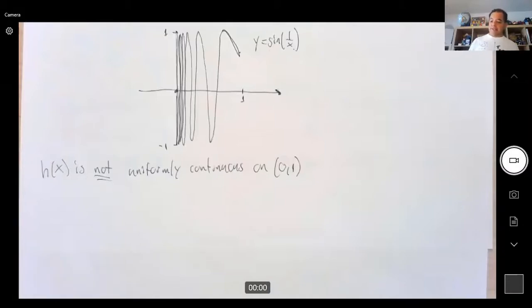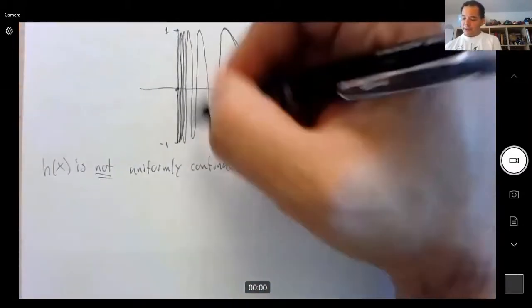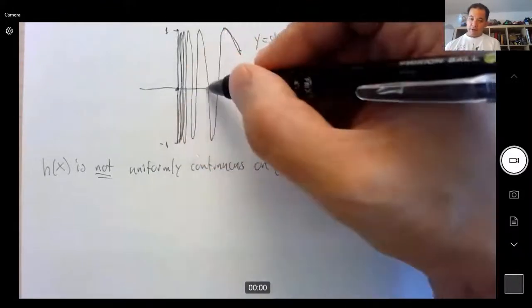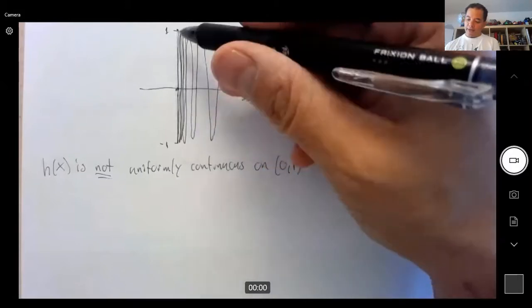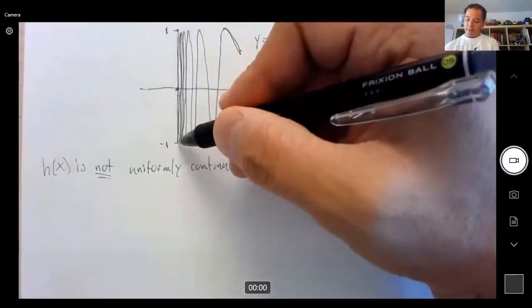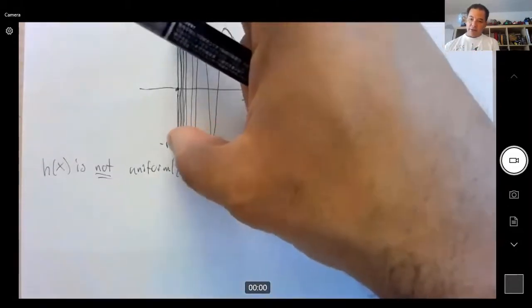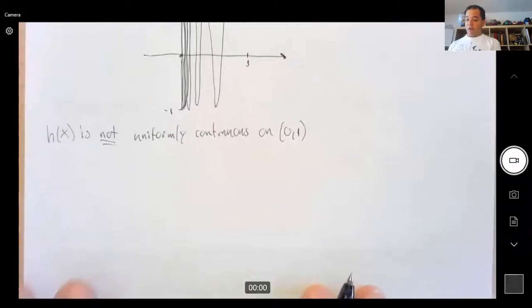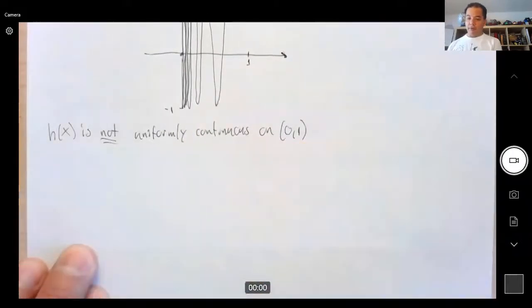And here it's easy to do that because I can pick points getting close to 0 whose value is always 1, and some whose value is always -1. Then 1 and -1 will be far away, right?